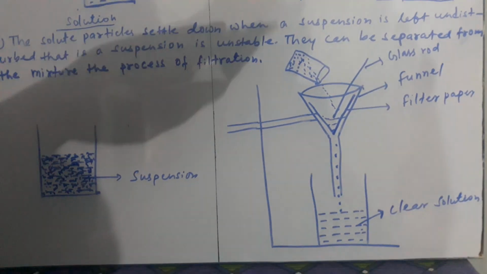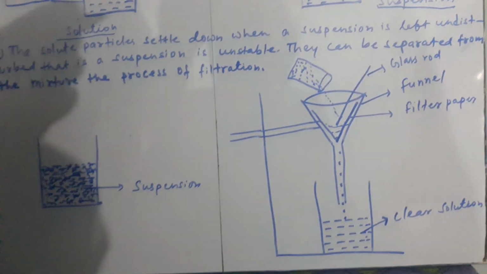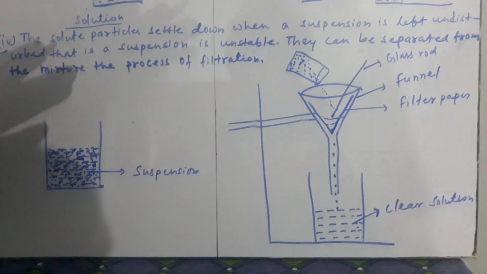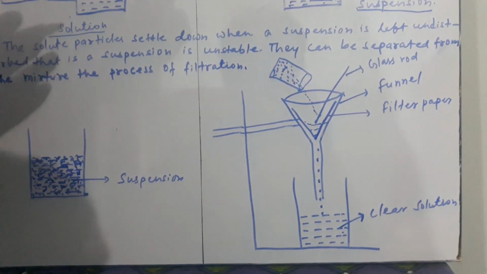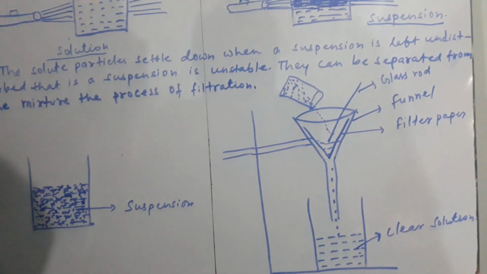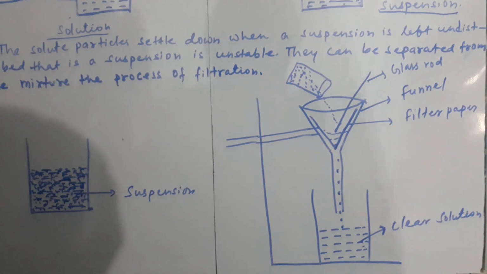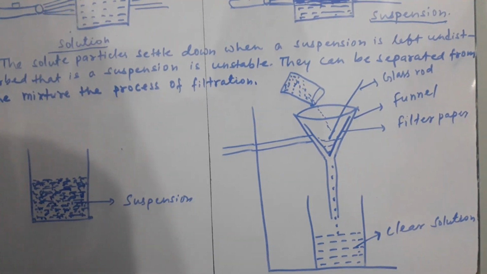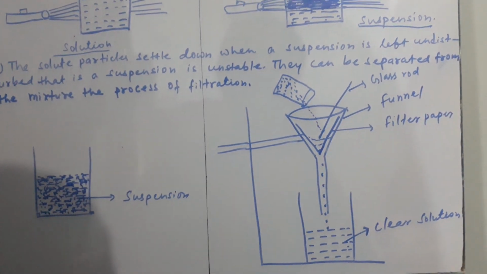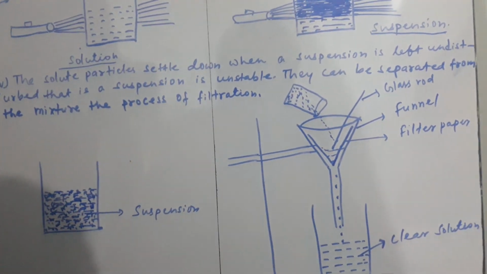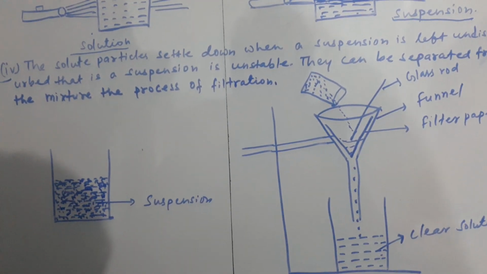But in the case of suspension, the soil particles settle down at the bottom of the container if left undisturbed. This shows that suspension is an unstable mixture, whereas solution is a stable mixture.